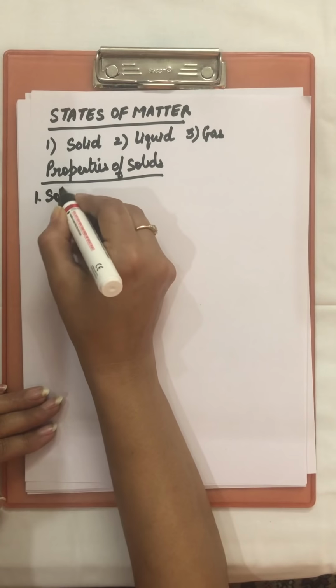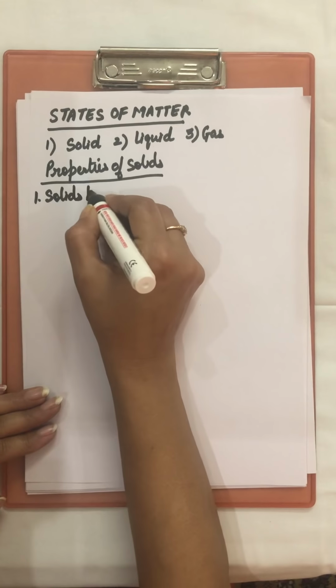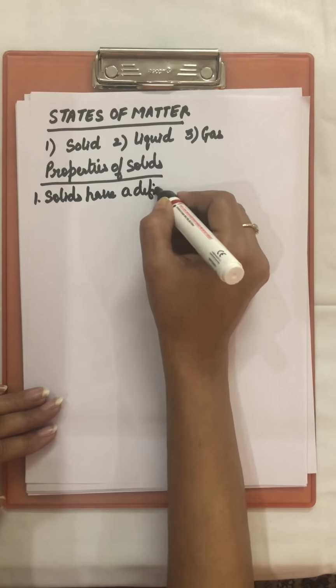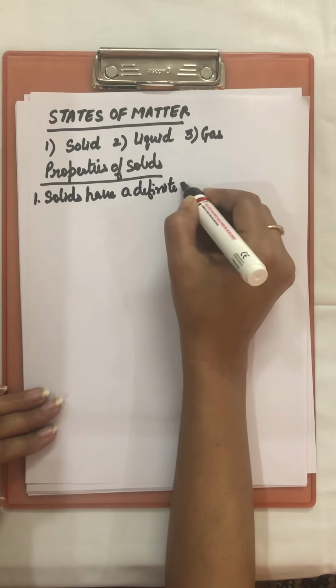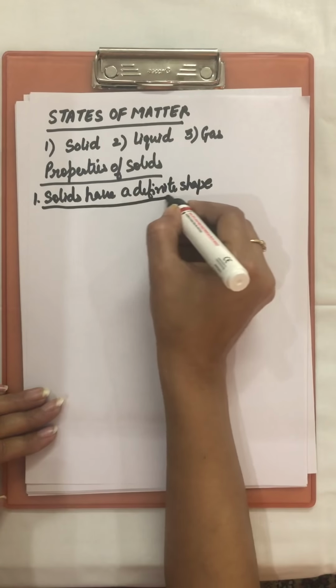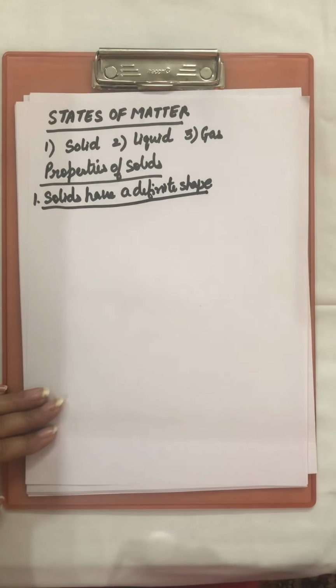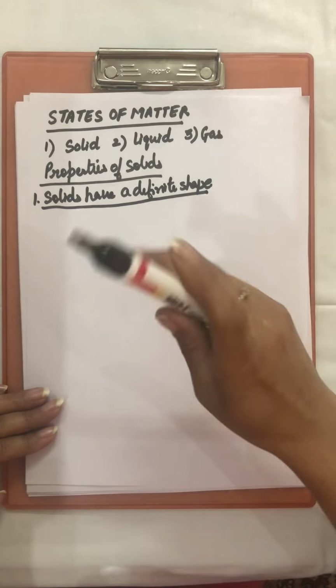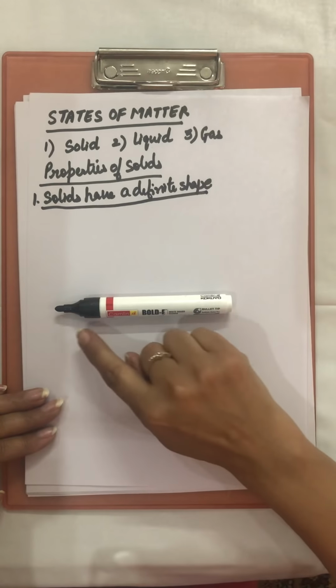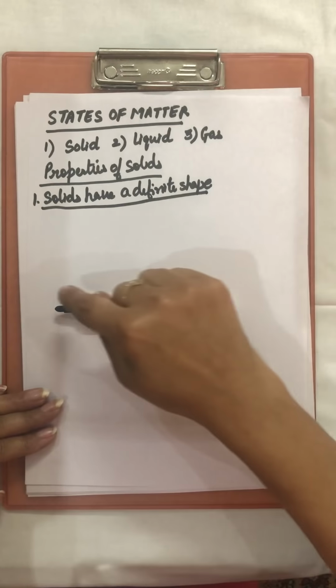Solids have a definite shape and distinct boundaries, like a pen in your hand or a book. Like this pen will remain like this only. Its boundaries, they will remain like this only.